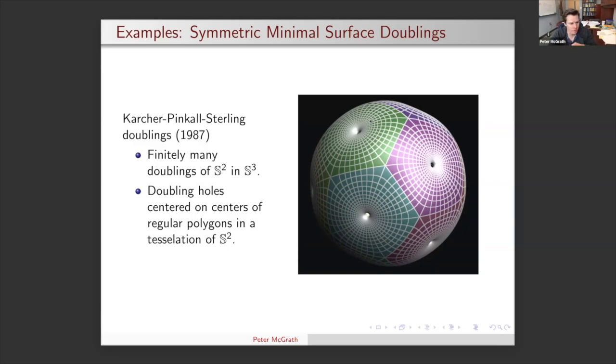So maybe I may not understand your question, but all of these surfaces have mean curvature 0 everywhere.